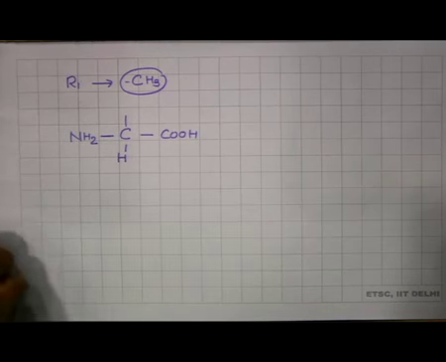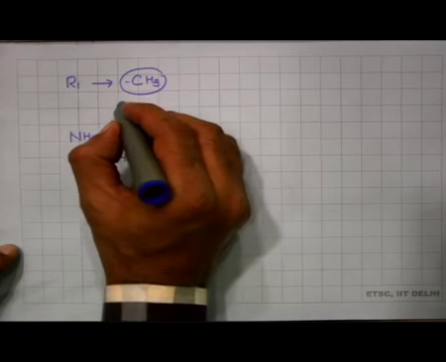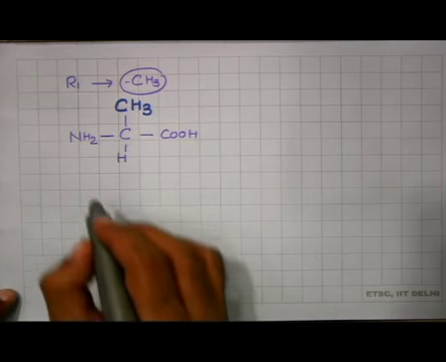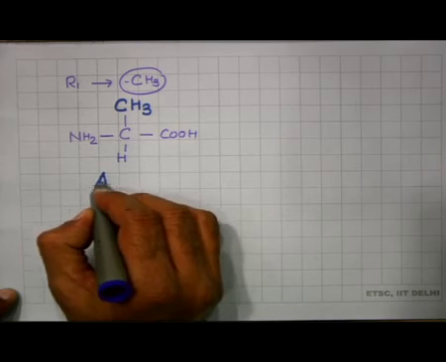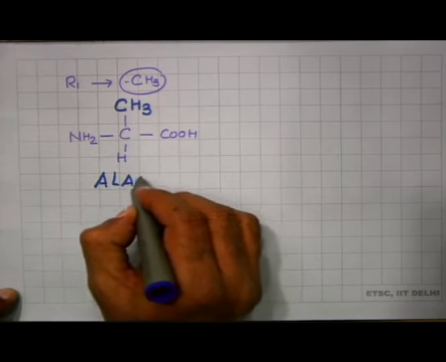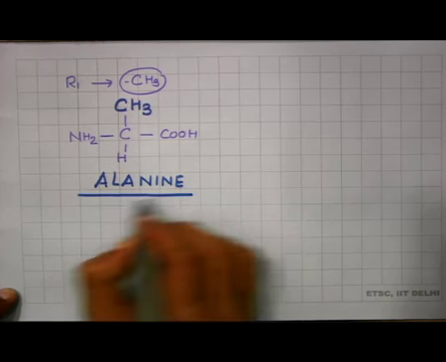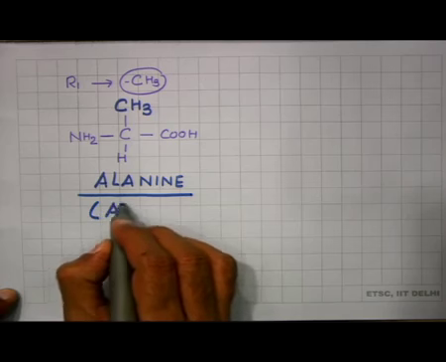Now, if this here is R1, R1 is substituted by CH3. Now, this is the amino acid called alanine, and its abbreviation is ALA.